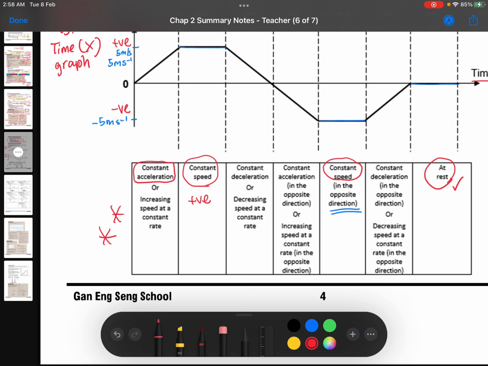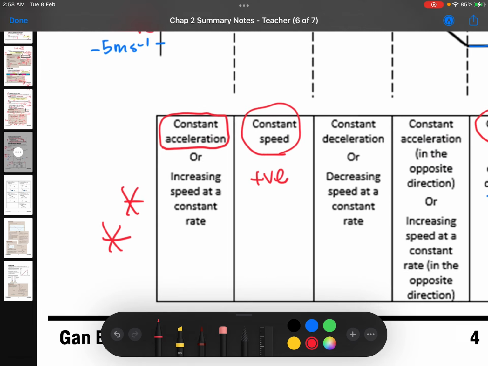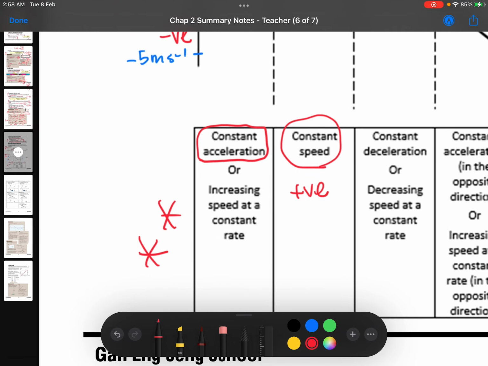Now let's look at this. This is a situation where it's uniform acceleration, which is constant acceleration. That means you are having an increased speed at a constant rate. When you drop your ping pong ball, at first it is stationary, u equals 0. Then maybe within the first duration of time it is 2 meter per second. In the next interval, it becomes 4 meter per second.